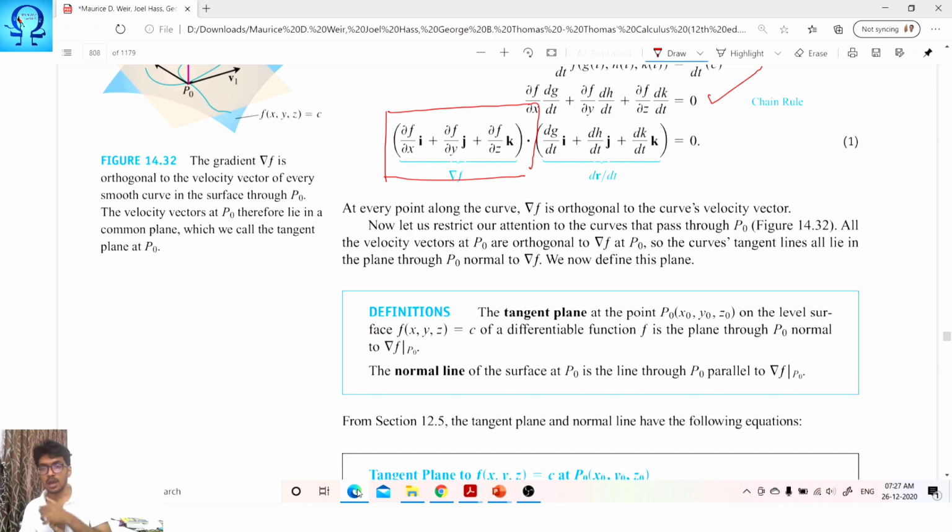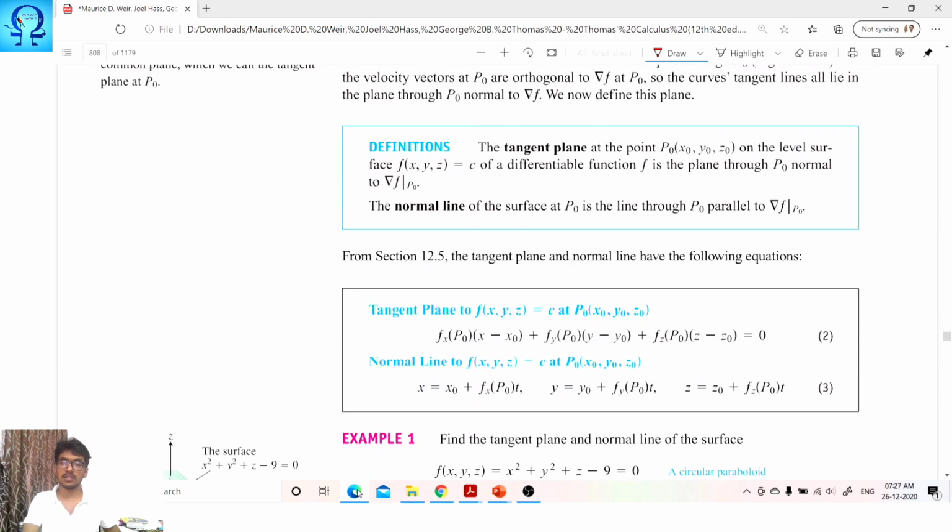So your del f is orthogonal to the curve's velocity vector, which is tangent to the curve. With this, we define the tangent plane at any point on the level surface of a differentiable function as the plane passing through the point P naught and normal to the gradient vector. The normal line is the line passing through the point and parallel to the gradient vector.